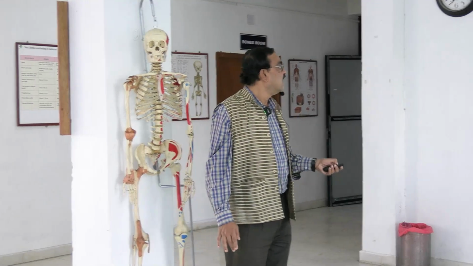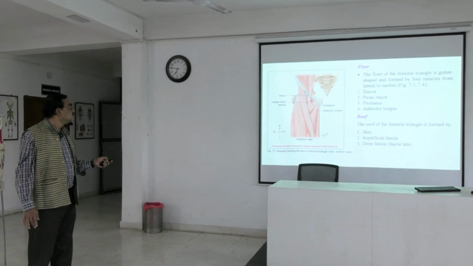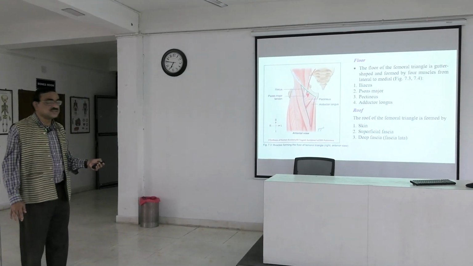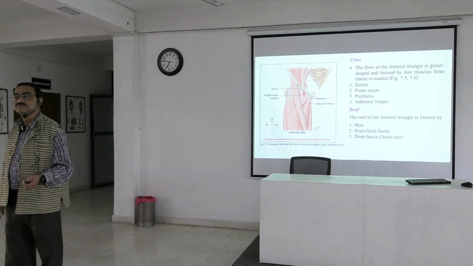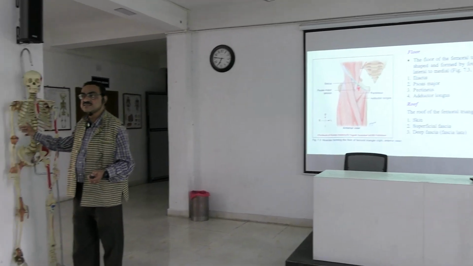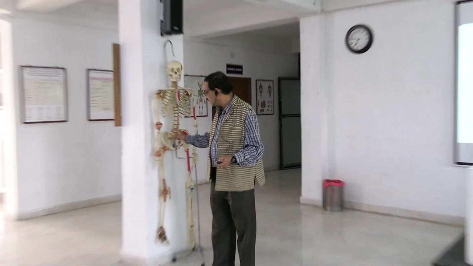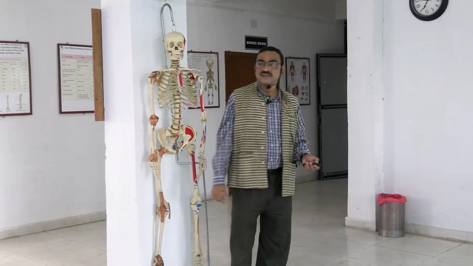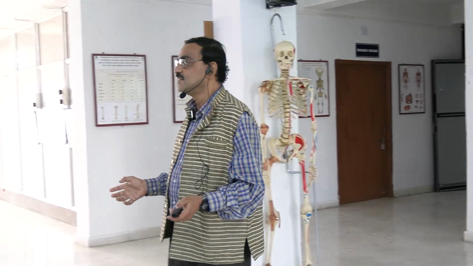And another muscle, the psoas major muscle, takes origin from the lumbar vertebrae and the last thoracic vertebra. You will know in detail. It goes down, passing through under the inguinal ligament, and the iliacus and psoas major muscles move hand in hand.